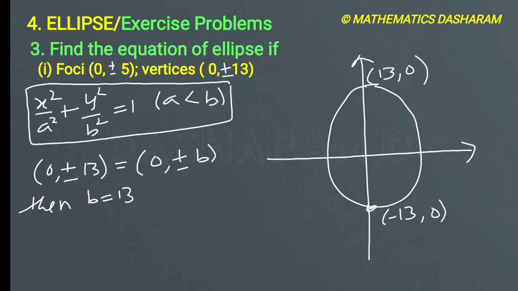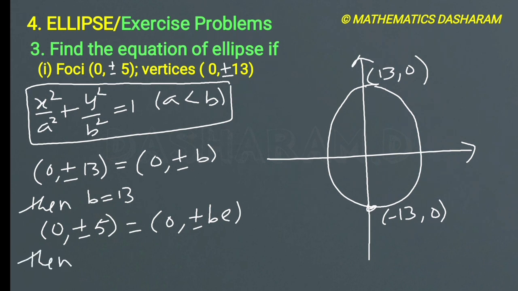Next, foci is given as 0 comma plus or minus 5. Compare with 0 comma plus or minus b into e, because a is less than b, in this case the foci is 0 comma plus or minus be. So b into e equals 5, but b value is 13.